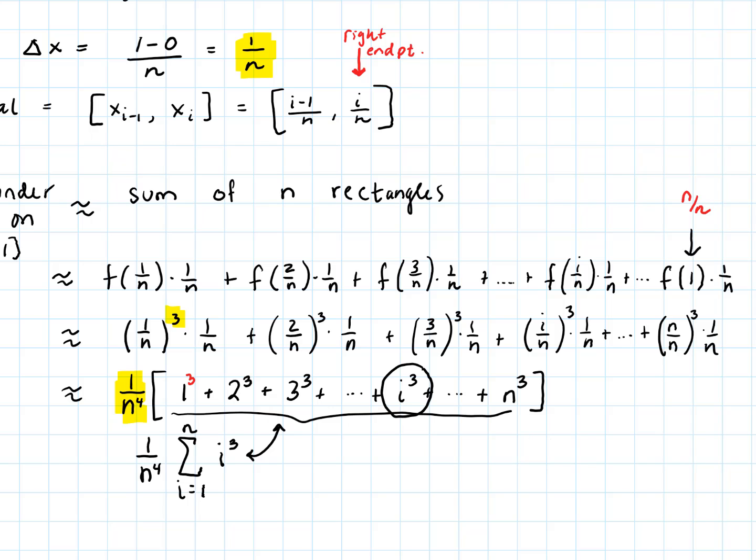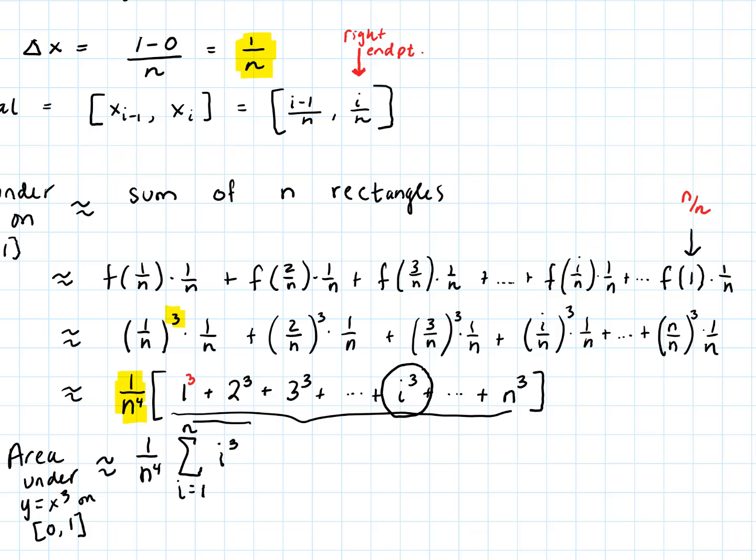It's why I carried that i throughout. You've got that generic ith term, and we are indexing it. We're adding up the terms i cubed from i running from 1 to n. And so this is our area under y equals x cubed on 0 to 1. This is how we can express it.